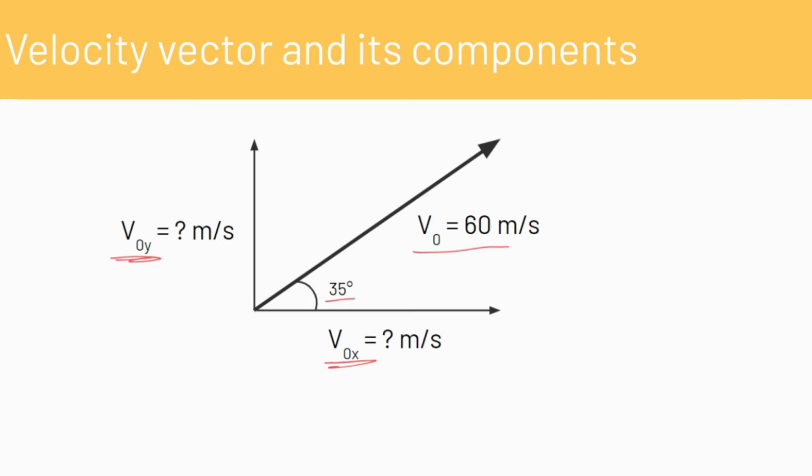But right now we don't know those, so these are question marks. And in this video we're going to talk about how you figure out what the velocity component is in the y direction and what the velocity component is in the x direction.